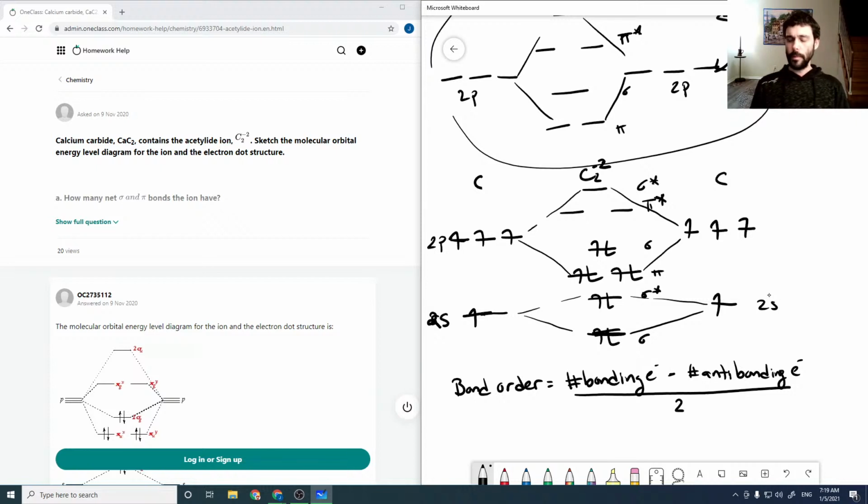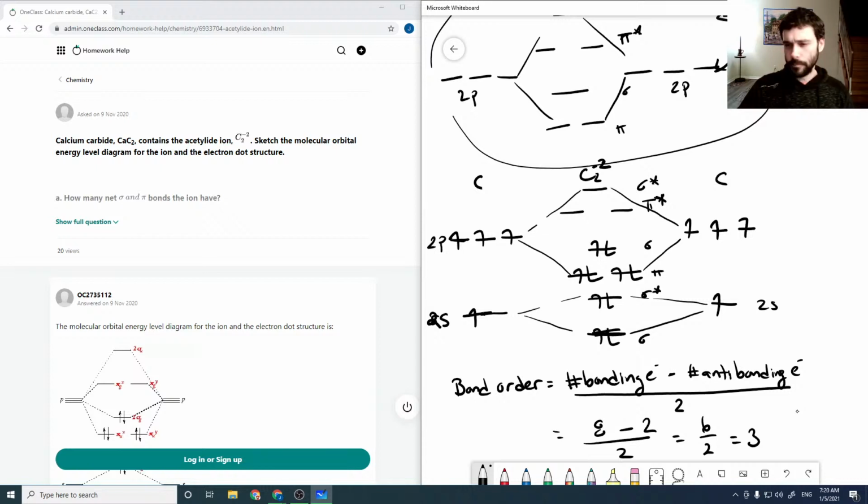So if we count this up here, we have 2, 4, 6, 8 bonding electrons, and we have 2 antibonding, divided by 2, 6 over 2, which equals 3. So we have a triple bond.